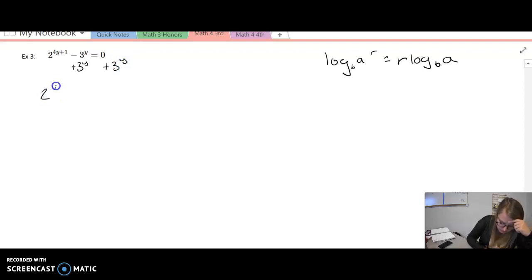So then we have 2 raised to the 4y plus 1 equals 3 to the y. Then from here, I'm going to take the natural log of both sides. So you have the natural log of 2^(4y+1) equals the natural log of 3^y.